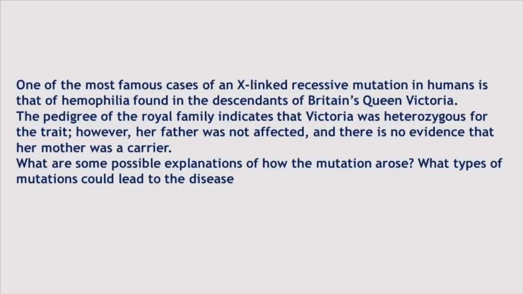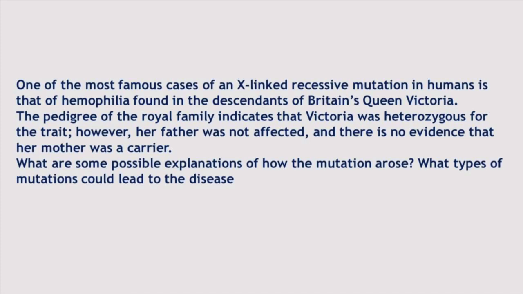But before we disperse, because I will take that in a separate class next time, I would like to present in front of you an interesting question which comes out of the study. I'll just read it out. One of the most famous cases of X-linked recessive mutations in humans is that of hemophilia. It is found in descendants of Britain's Queen Victoria, who we all know was carrying the X-linked mutation for hemophilia.